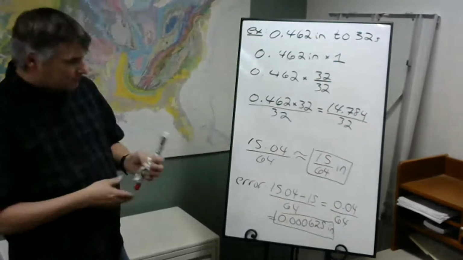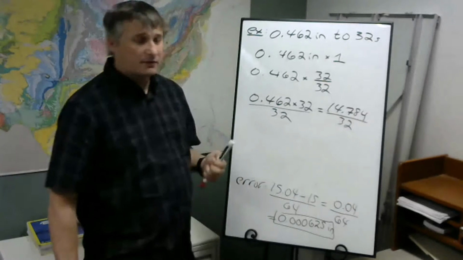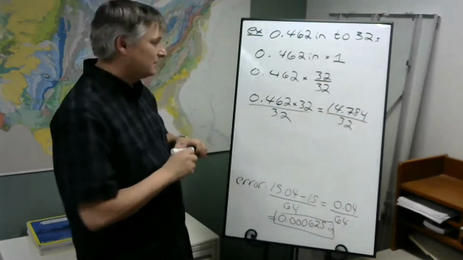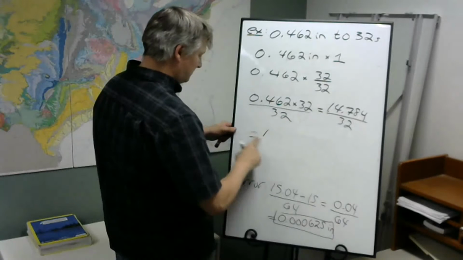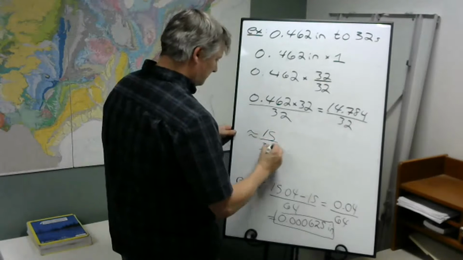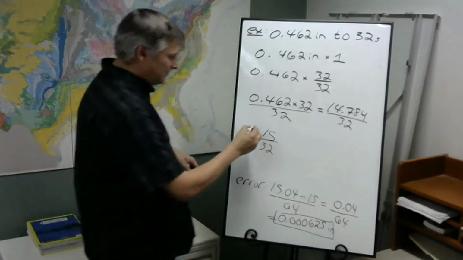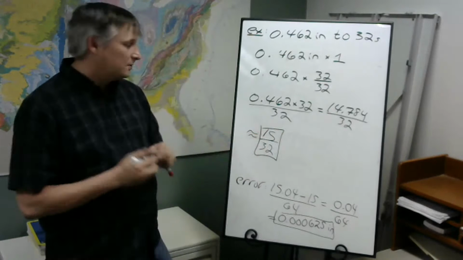And this one, if we round to the nearest 32nd of an inch, this is going to round up to 15. And so this is going to be our answer. 15 over 32 inches.